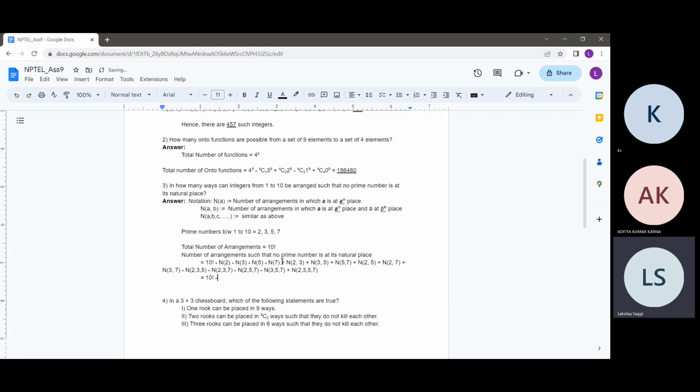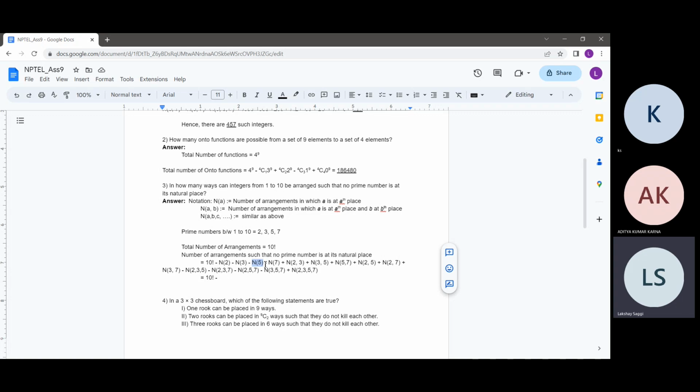And one thing to note is all these values like n of 2, n of 3, n of 5, n of 7, what does this mean? n of 5 means the number of ways in which 5 is at the fifth place. So what does this mean? There were 10 numbers originally and 5 is fixed at the fifth place. Now the remaining positions are 1, 2, 3, 4 and 6, 7, 8, 9, 10, and there are 9 remaining numbers.